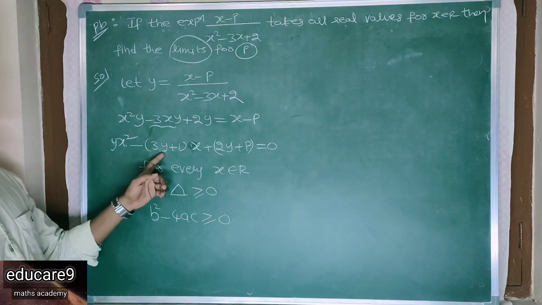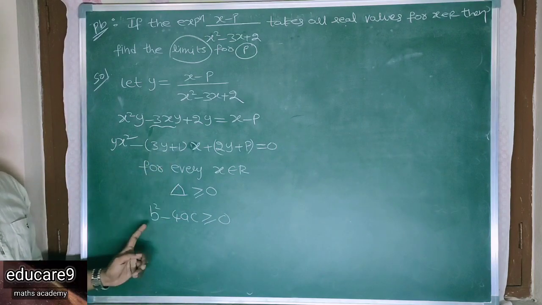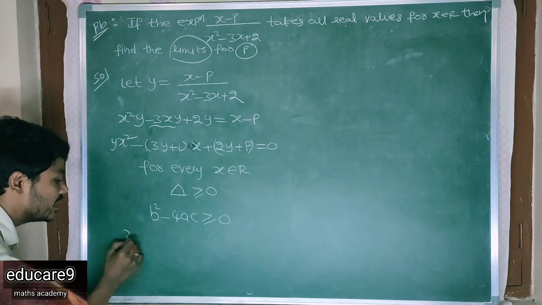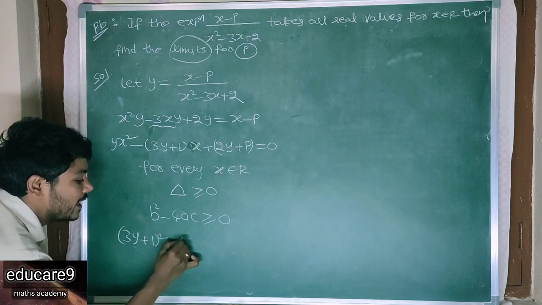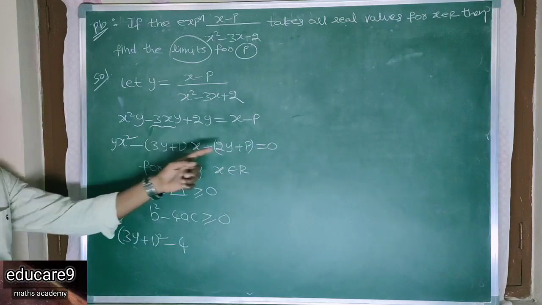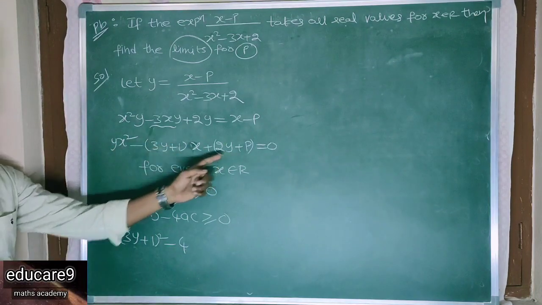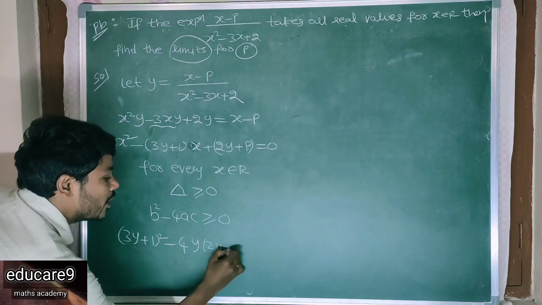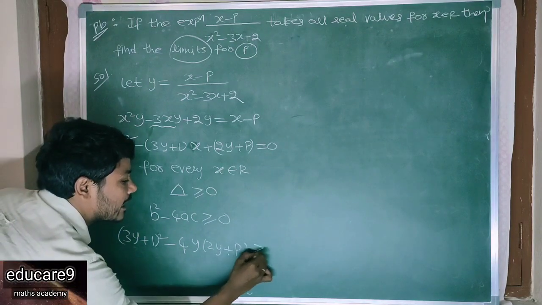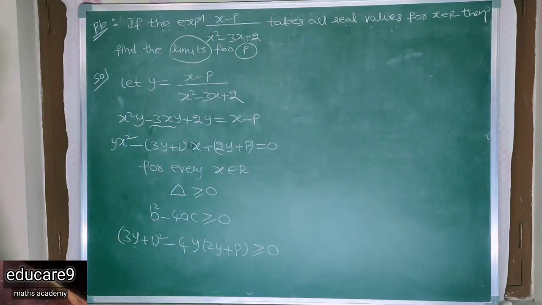So what is the b value here? Minus 3y plus 1 whole square. So that is 3y plus 1 whole square minus 4 into a into c, that is y into 2y plus p, that is greater than or equal to 0.